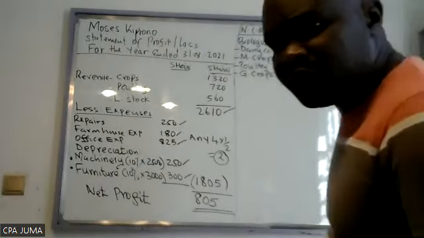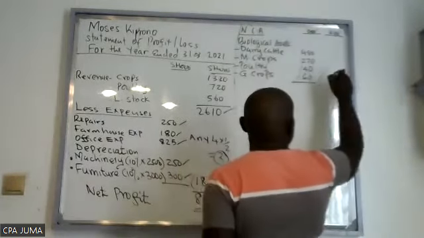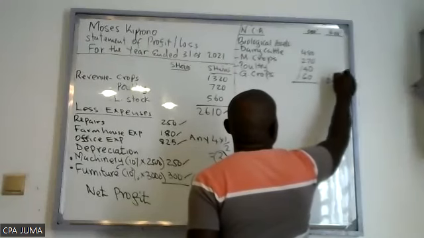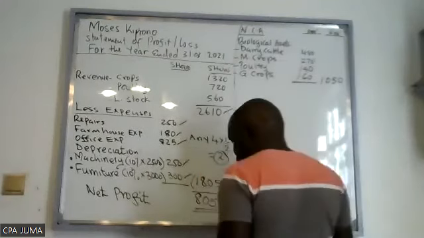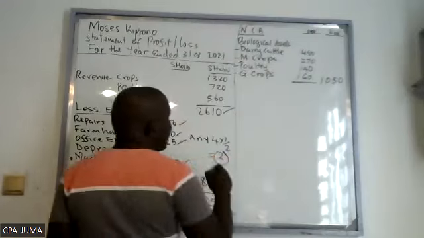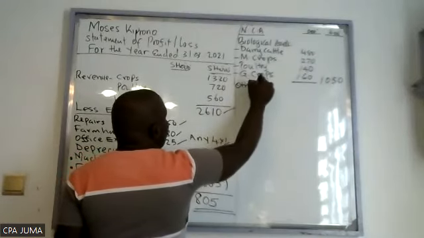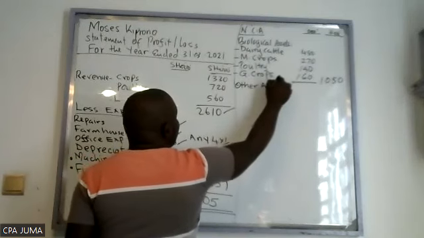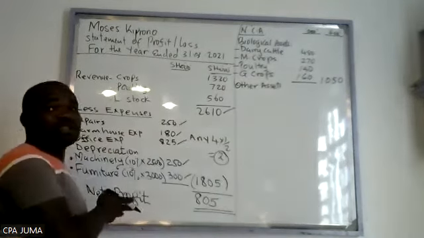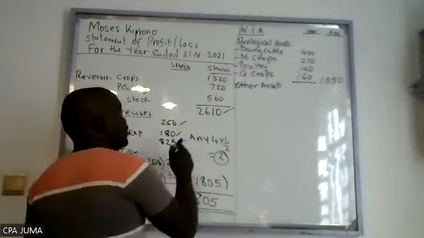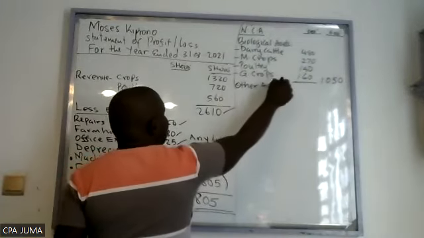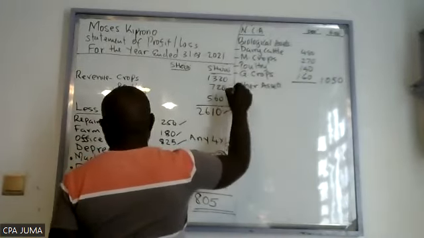People are getting 1050. Then other assets. So other assets we have machinery.